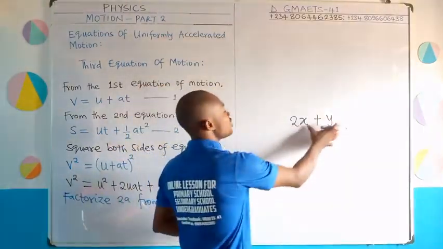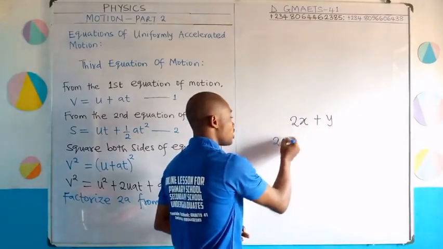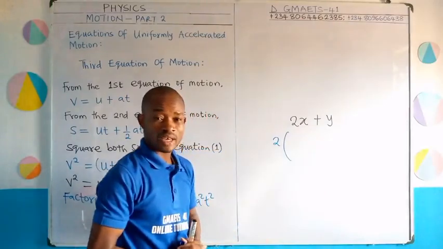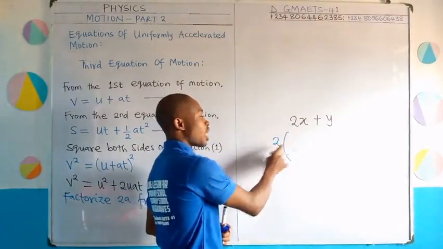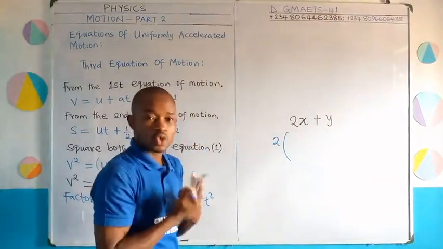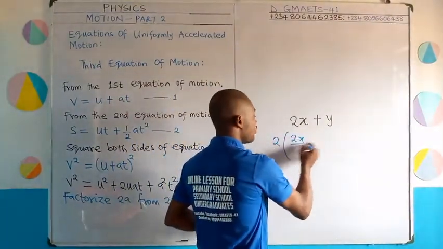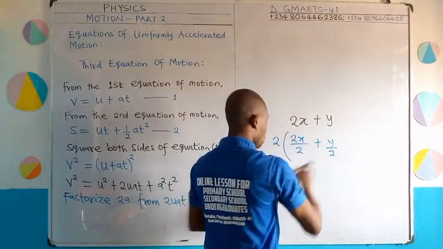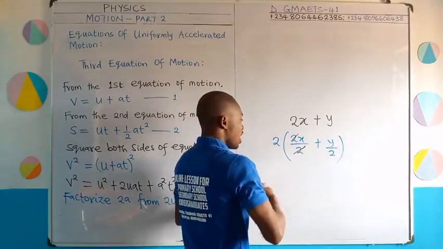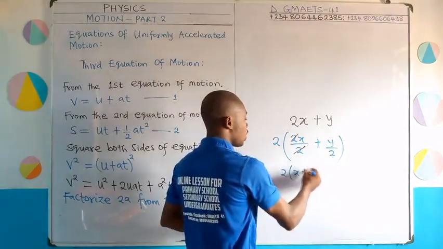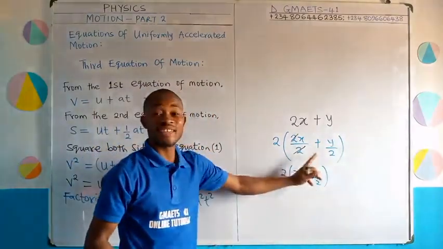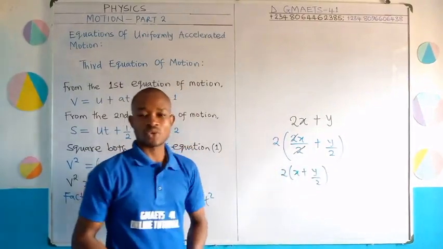If I say that 2 is common here and I want to factorize 2, I'll bring out that 2. How will I know the terms that will be inside the bracket now? The 2 that I brought out, I'll use it to divide the terms that I'm factorizing 2 from. So this is going to give me 2x divided by 2 plus y divided by 2. Now you notice that these 2s will cancel out, and this will give us 2 bracket x plus y over 2. If you open up this bracket, you still get this. This is the principle of factorization.